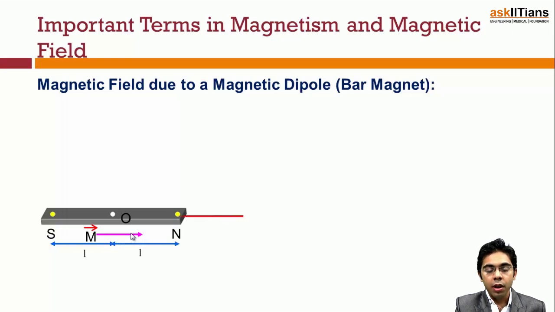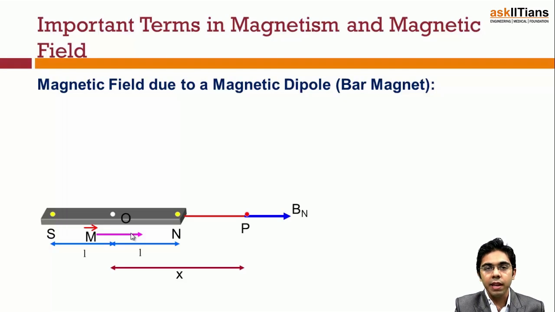So if we want to find out the magnetic field at any point P which is on the axis, we call this the axial point, because it is lying on the magnetic axis. If we want to find the magnetic field at this point, and say that point P is at a distance x from the center O, this is Bn, the magnetic field due to the north pole.